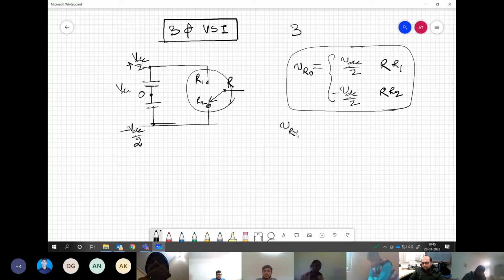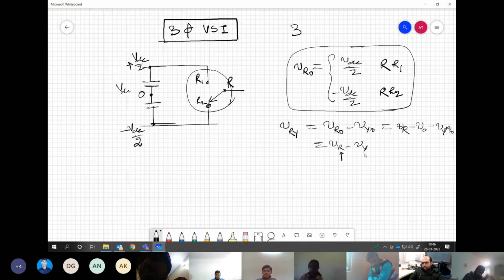So if I talk about the voltage VRY, for example, what is this basically? VRO minus VYO, isn't it? And if you take VR as a separate voltage point and VO as a separate voltage point, then ultimately you have this, which means the actual terminal voltage coming over there. Now this fictitious point is balanced.